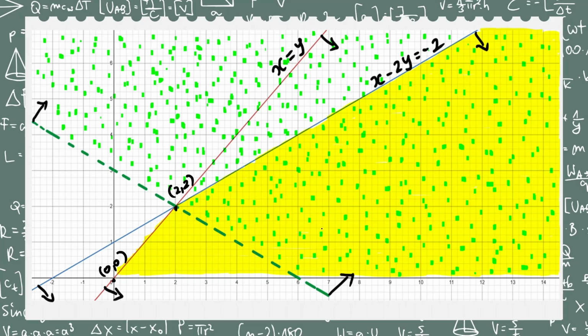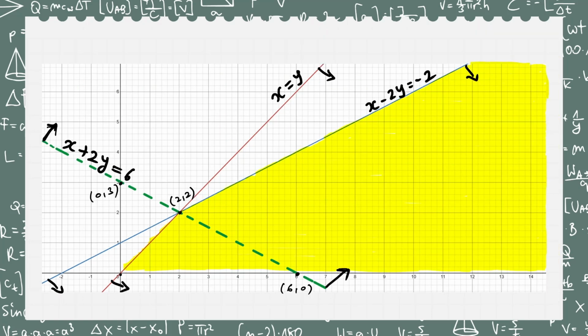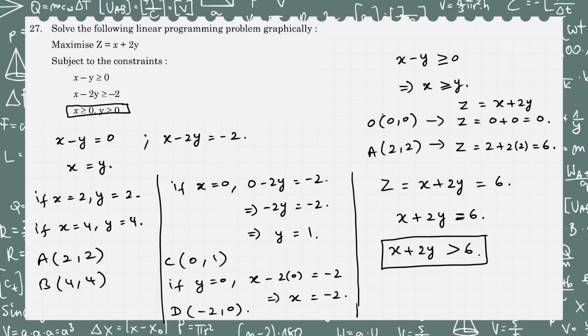But in this sum, we are having overlaps. So our conclusion is, since there is overlap between the green dotted region and the yellow shaded region, we should conclude that Z has no maximum value.